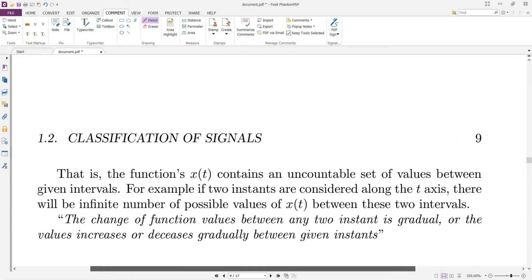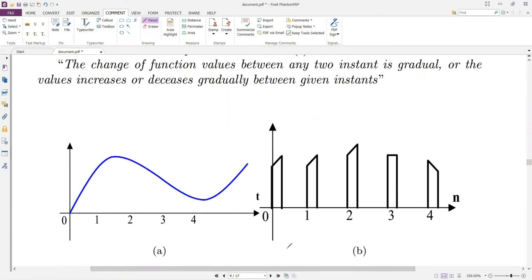If we look at the figure, this will make it more clear. Previously, in a continuous time signal, we were looking at whether the signal is continuous along the time. Now we are going to look at the values of the signal along the dependent variable, and check whether the signal is continuous along this axis or not.